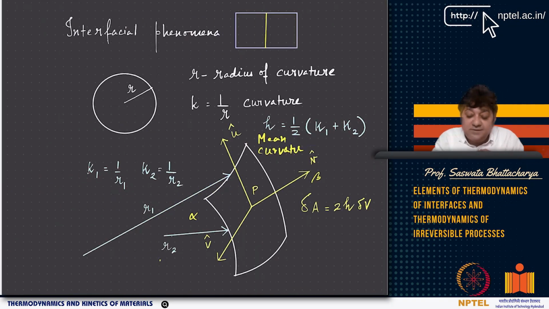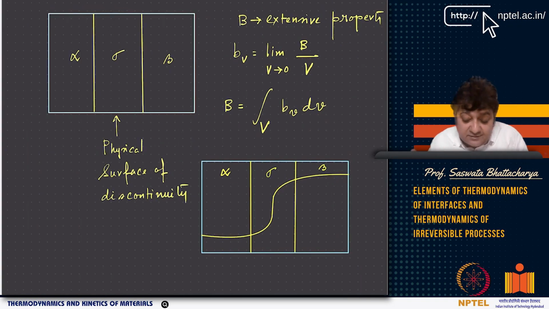And this mean curvature, particularly for non-flat surfaces, that is spherical surfaces or cylindrical surfaces or something like that, has a big effect on different phase transformations that take place. It also has a big effect on the solubility. So this is something that I want to tell you.